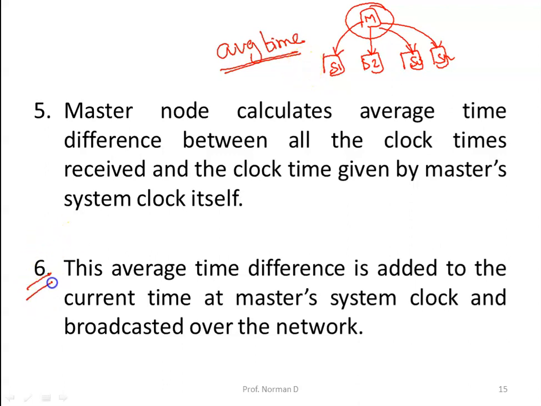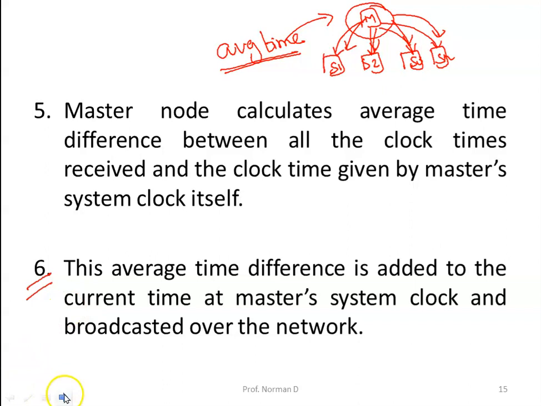In the last step, the average time difference is added to the current time at the master system clock, and that current time will be broadcasted over the entire network, passing the new time to all the slaves.